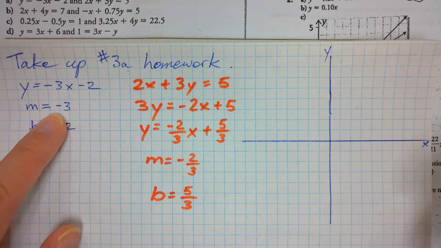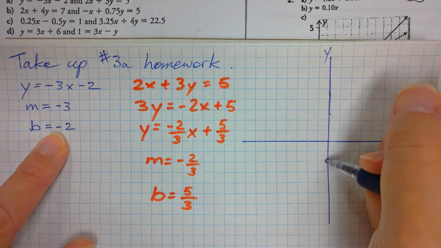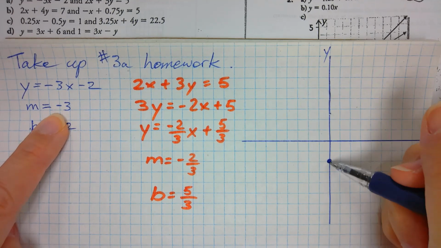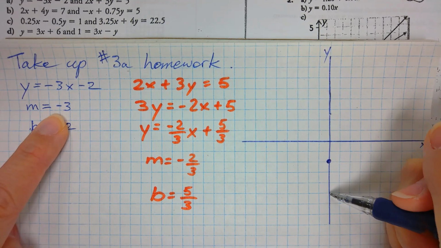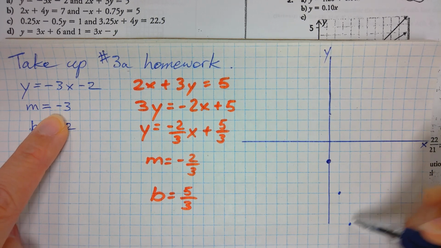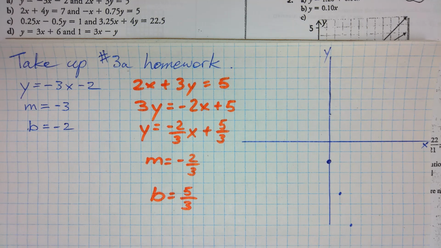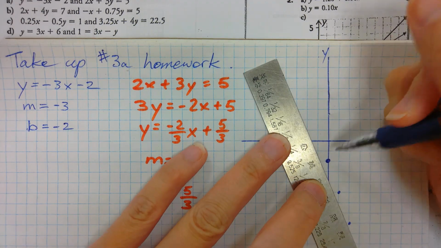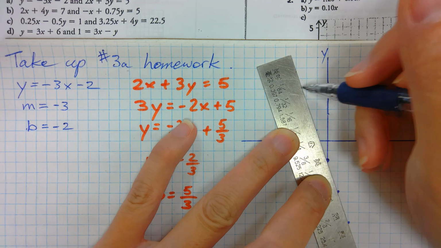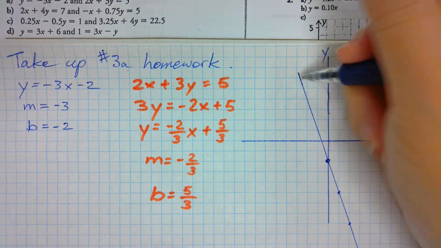Let's graph the first point, negative 2. And then from that point, I'm going to do my slope, negative 3. So down 3, 1, 2, 3, over what? 1, 2, 3, over what? I can do this all day. Okay, there's my first line.